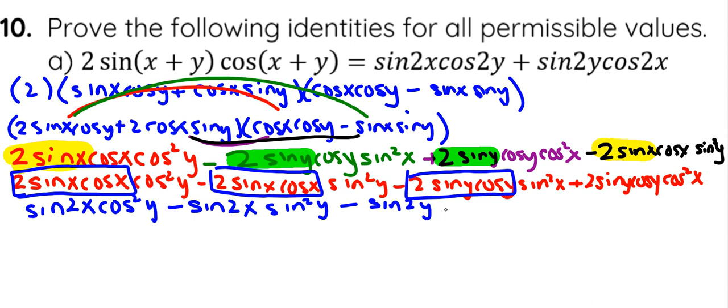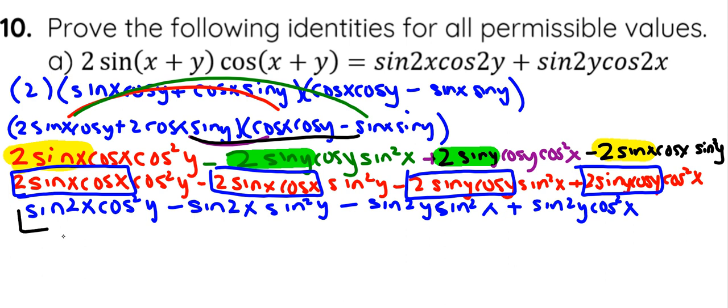So that's sine of 2y multiplied by sine squared x plus, double angle identity here, sine of 2y cos squared x.